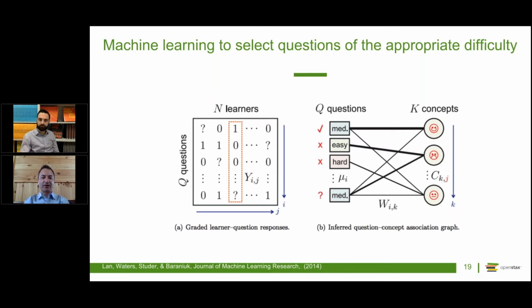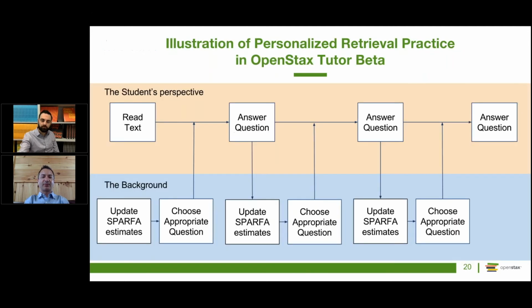And here's an example of how we do this in a reading assignment in order to close this learning feedback loop. First, a student reads a selection from the text, and then SPARFA updates its estimates about that particular student's proficiency level of each concept and chooses an appropriate question for the student to solve.